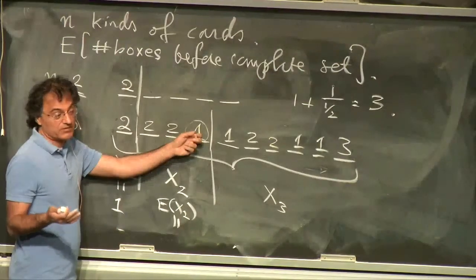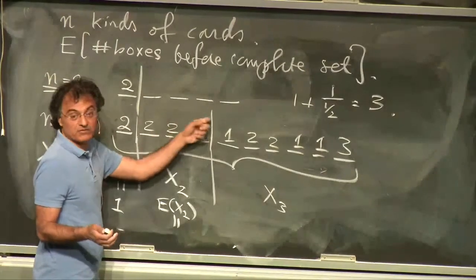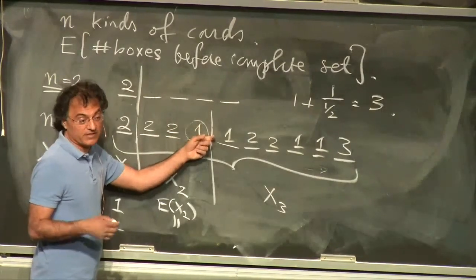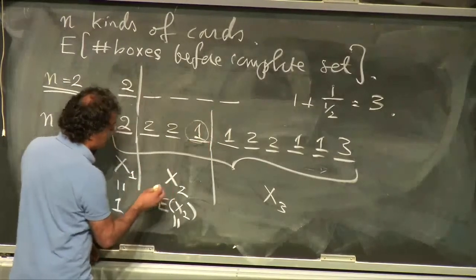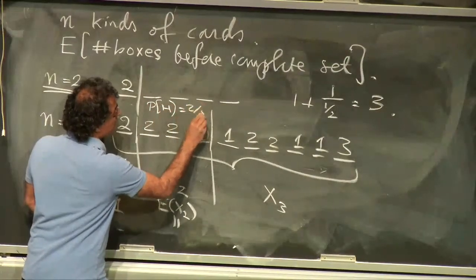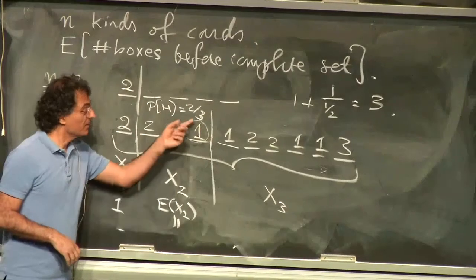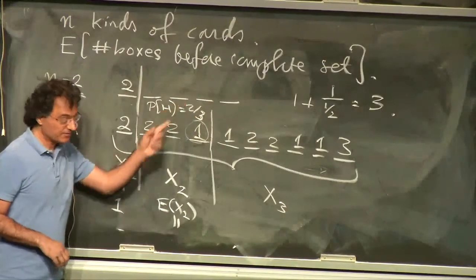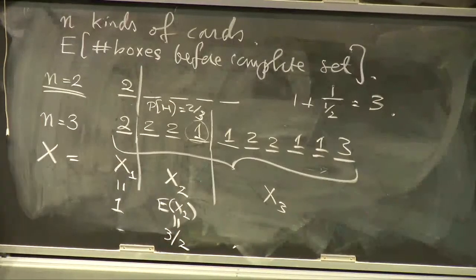It's 2/3, right? Because out of 3 possibilities, 2 of them are good for us. So it's like probability of heads equal to 2/3. So what's the expected waiting time? It's 3/2. Right?